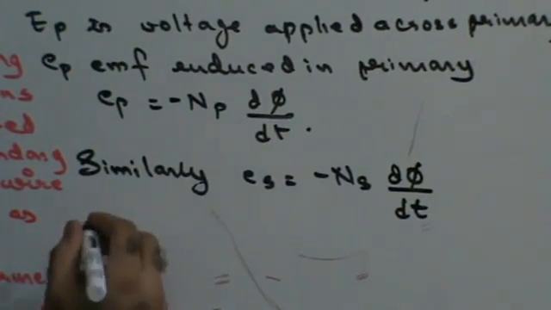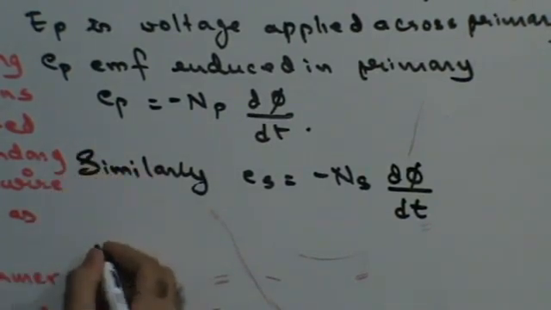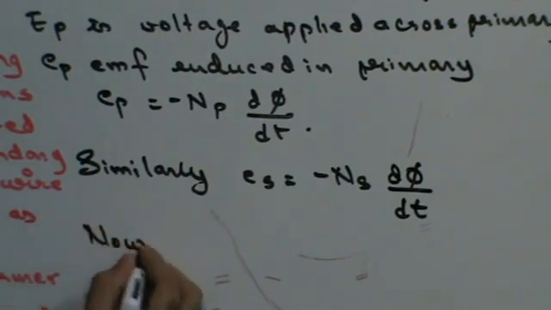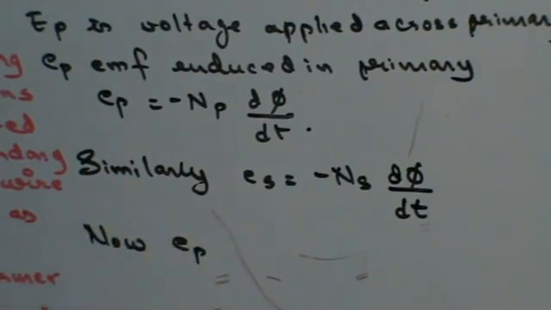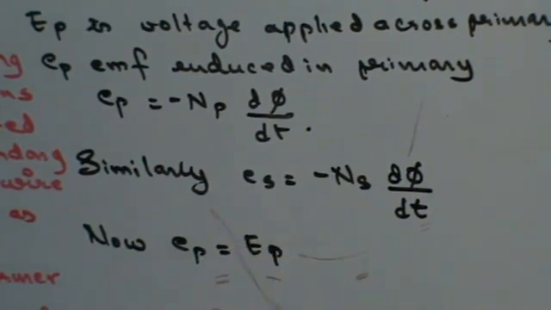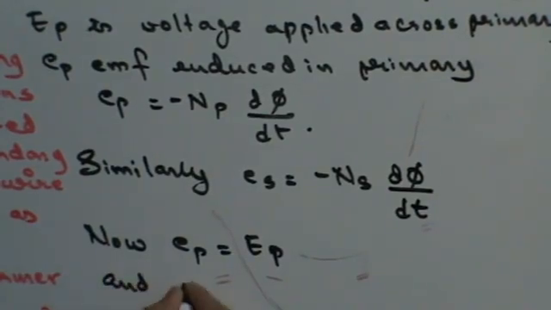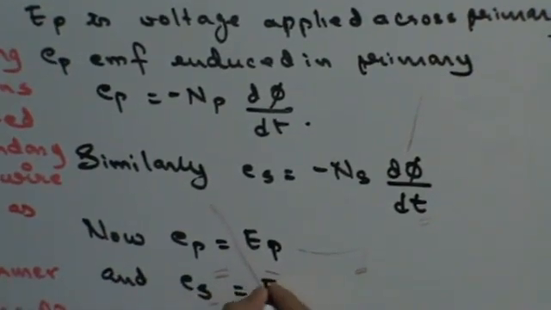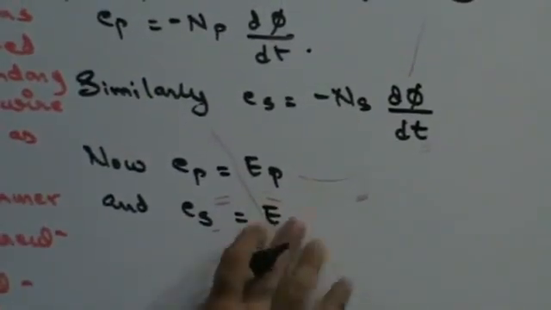Right? Now, I can say that EMF induced in the primary is approximately equal to the voltage applied across primary, and EMF induced in the secondary is equal to the voltage across the secondary. Right?